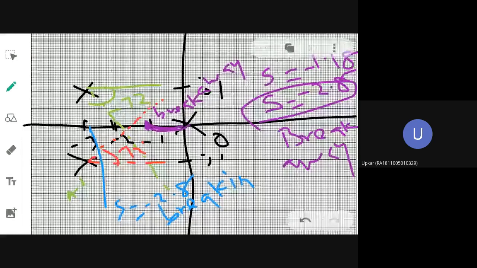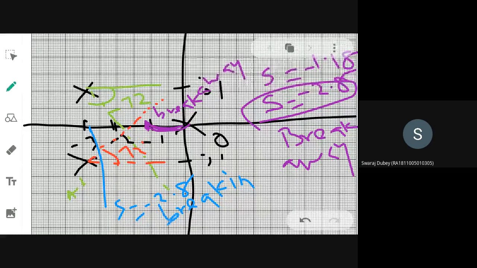Why am I calling that a break-in point? Don't know? Wait, I will tell you. Ma'am, because it is within the root locus.